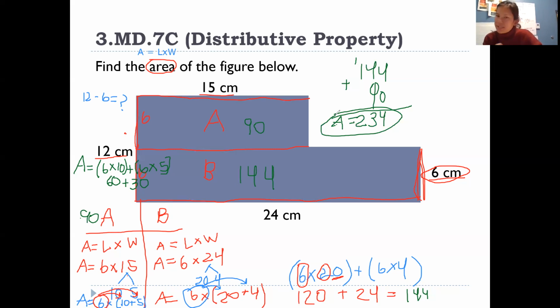Dimensions of B, 6 was given to me, and 24 was given to me. Perfect. And then I completed that work solving for each area of the smaller shapes using my T-chart and my understanding of distributive property. And finally, I added up the area of A and the area of B to find my total area. That's an example of an area question using distributive property.